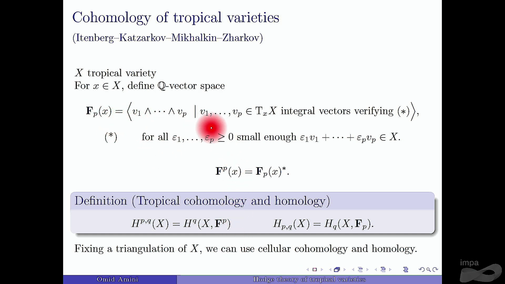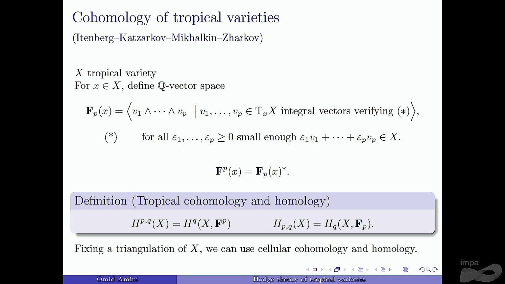I take the Q vector space generated by P multivectors V1, V2, ..., Vp, which are tangent to X at the point X. So they correspond to tangent vectors to X at the point X. But in addition to this, there is an extra condition: if I take the weighted sum of these vectors with very small coefficients, the germ that I get is entirely inside X.